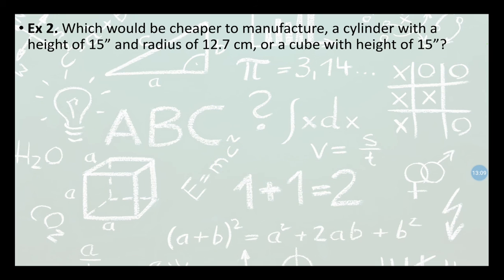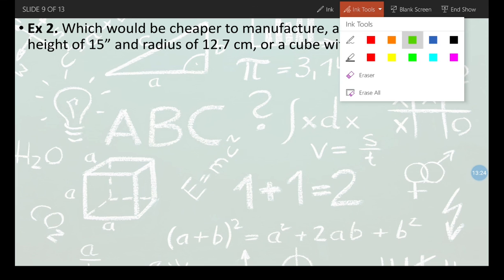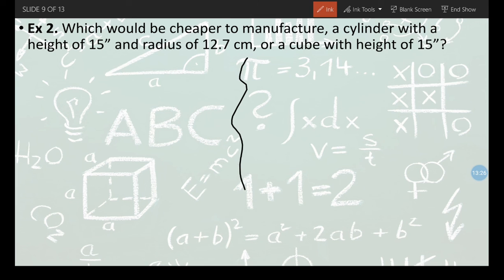All right. The last question for this video says, what would be cheaper to manufacture? A cylinder with a height of 15 inches and a radius of 12.7 centimeters, or a cube with a height of 15 inches? This question is actually twofold, so I'm just going to split my screen in half.